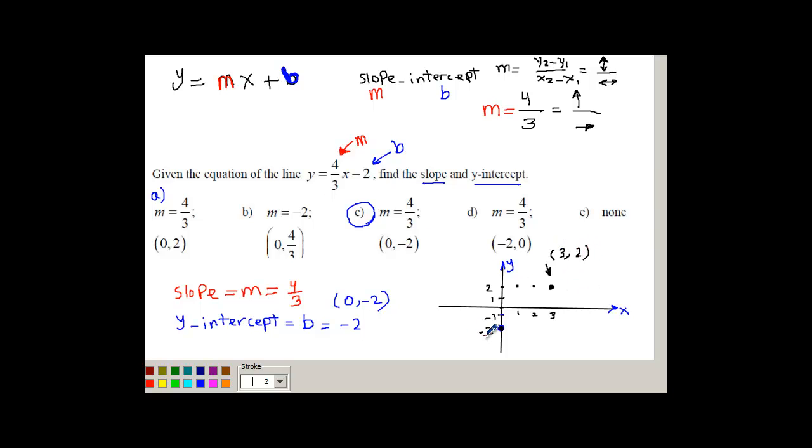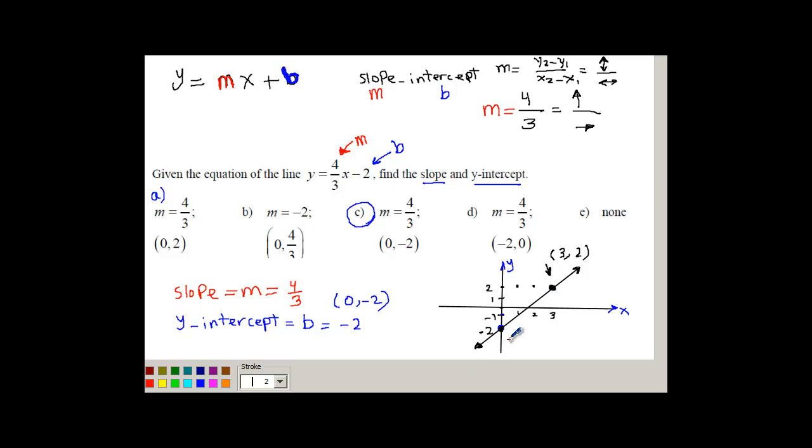So if I know a point, the y-intercept, and I know the slope, from there I can find another point on the line and actually graph it using this method. This would be the graph of the line. They didn't ask us to graph this, but since we went that far, why don't we just graph it? So this is how you find another point.